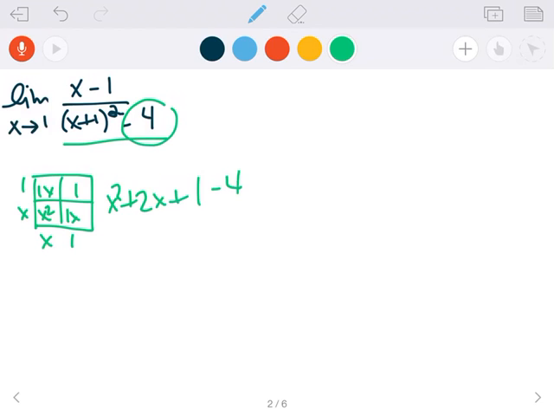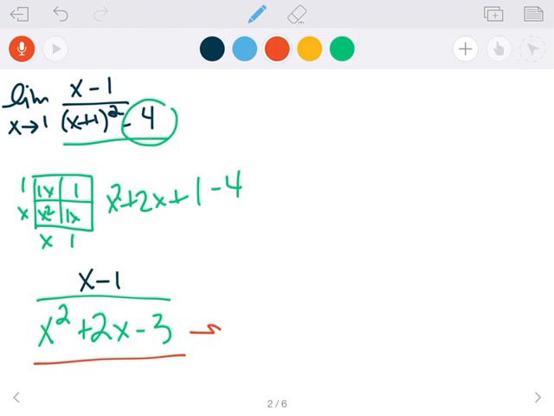So if we rewrite the denominator, we have x squared plus 2x minus 3. And then we still have x minus 1 in the numerator. And then we're going to factor this. The factored form of this is x plus 3 times x minus 1.